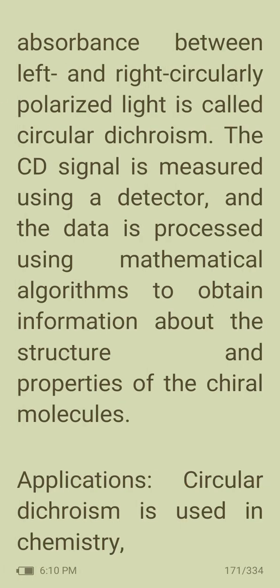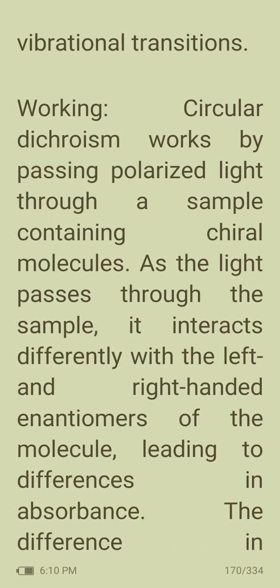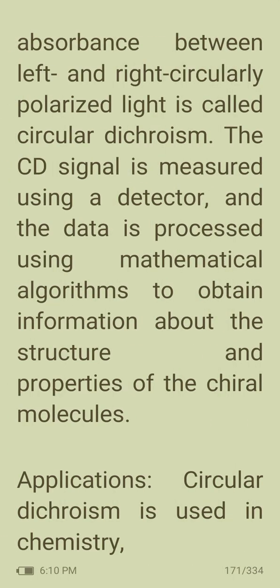The difference in absorbance between left and right circularly polarized light is called circular dichroism. The CD signal is measured using a detector and the data is processed using mathematical algorithms to obtain information about the structure and properties of the chiral molecules.